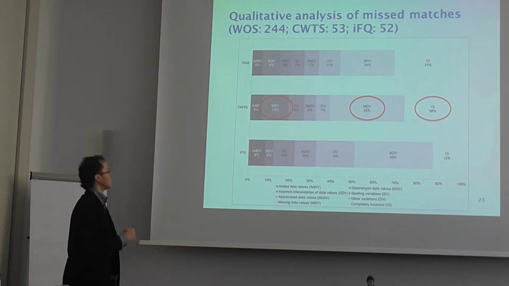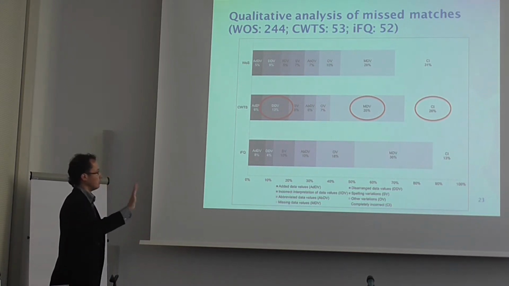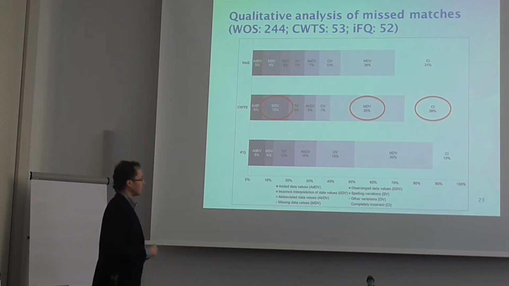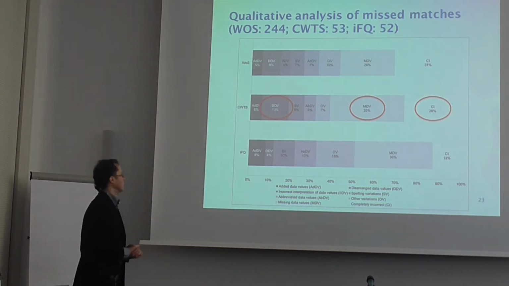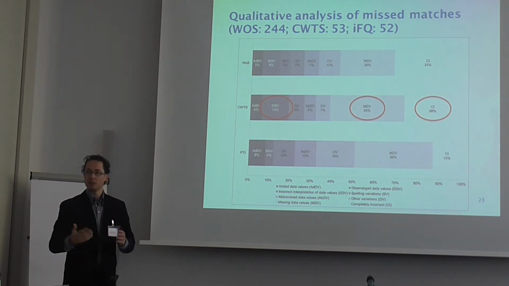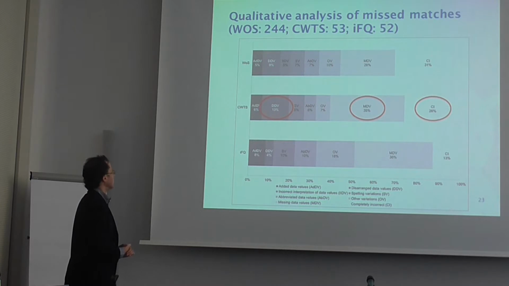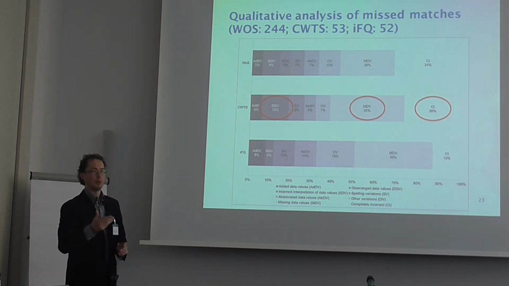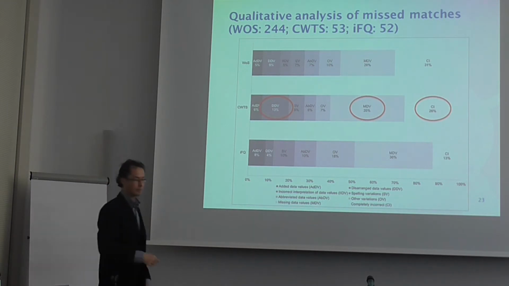I will come back to that later on. So we cannot do much about that. But there are two other groups of errors. So missing data values, so missing publication year, missing volume number, for example, and disarranged data values. So for example, when the volume number is entered with the page number.